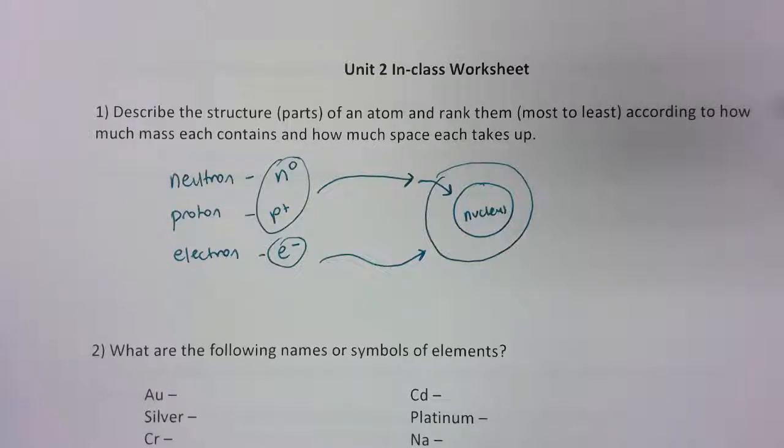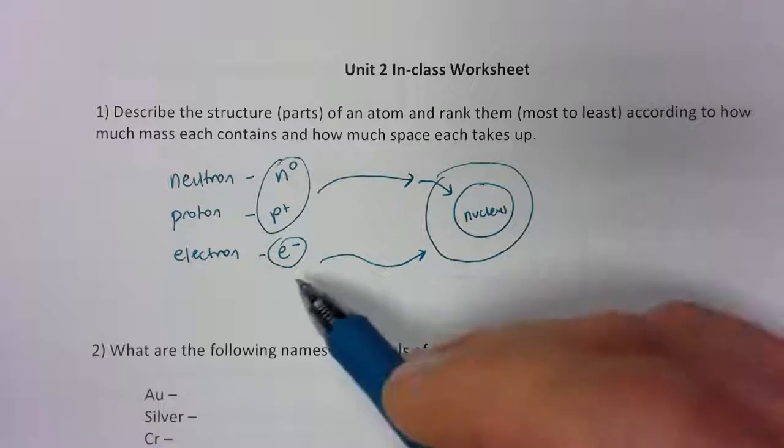The neutron has the largest mass, although it has just a small bit more mass than a proton. The electron is much, much smaller than both the neutron and the proton. And so as far as which one takes up the most space, that's actually going to be the electron.